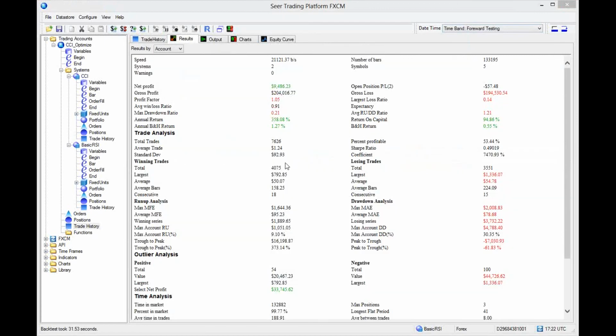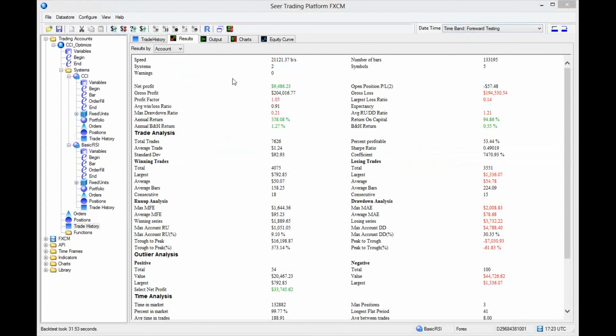Okay, so we had forward testing over the last few months. So we can actually see now whether we've over-optimized our system or chosen the wrong parameters. On this exposure, our annual return is about 358% with a peak to trough drawdown of 61%. So the annual return was approximately 5 times our peak to trough drawdown, which is very, very good.